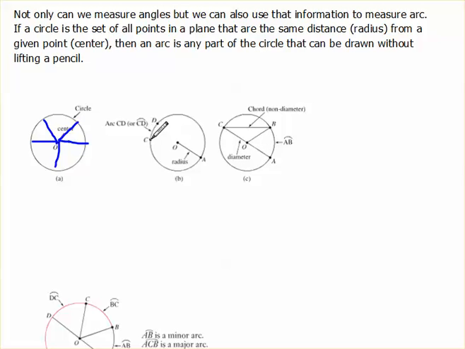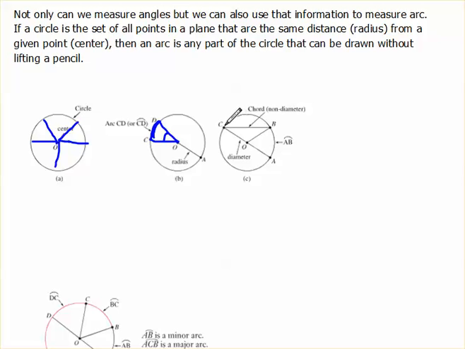If we pick any two points on that circle and we draw a line between those two, say for instance here from C to D, that's called an arc of the circle. And we can actually measure that. If we knew what this angle measure was, then we would know exactly what the arc measure was, because remember me saying that those are the same measurements.